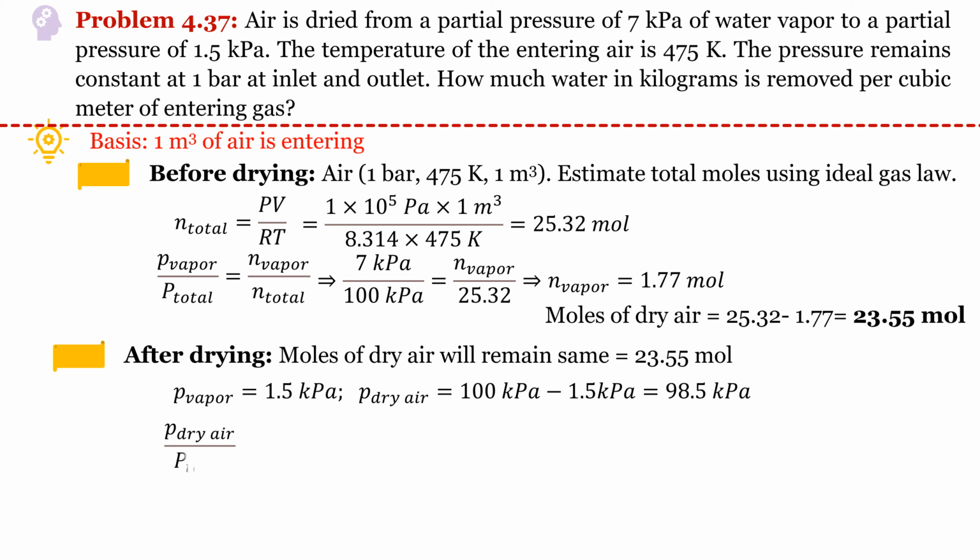Now we can easily use Dalton's law. As per Dalton's law, partial pressure of dry air divided by total pressure will be equal to moles of dry air divided by total moles. In this case, partial pressure of dry air is known, total pressure is known, and moles of dry air is known.